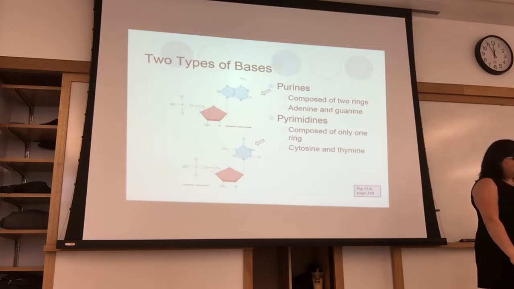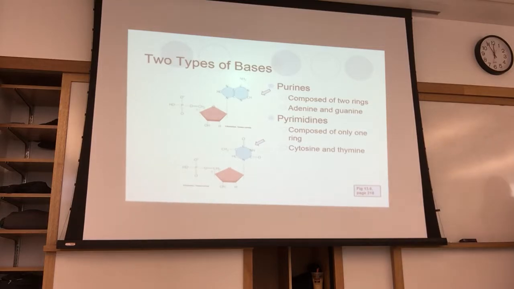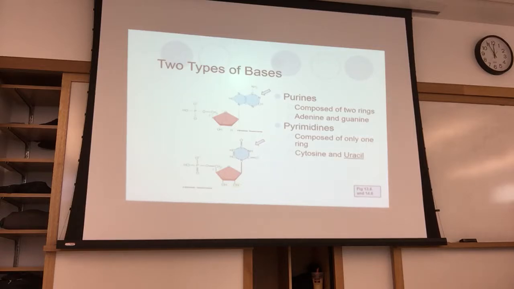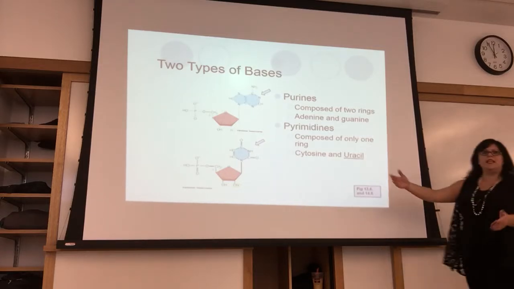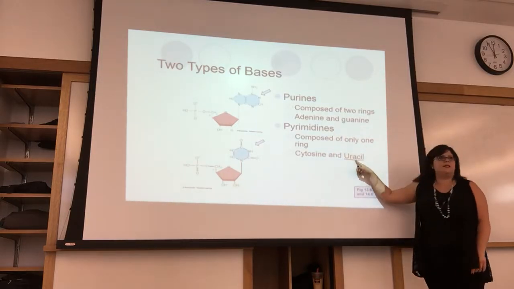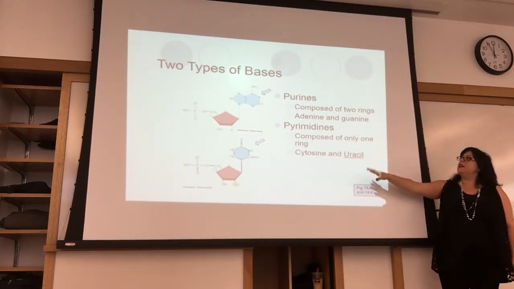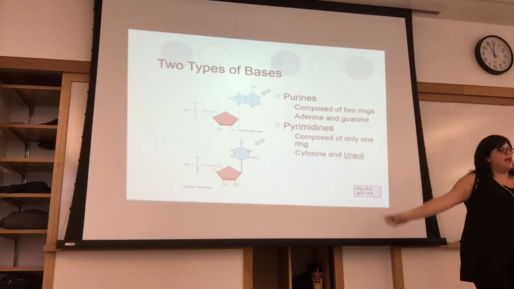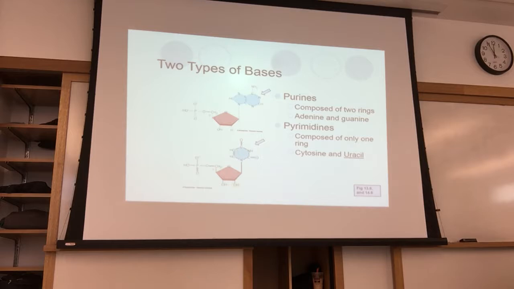In RNA? Yep. And if you flip to a few slides from there, you can see it looks like the same slide, but it's really not. This time I have uracil here, because here I'm referring to the RNA nucleotides and the bases specifically found in those RNA nucleotides.